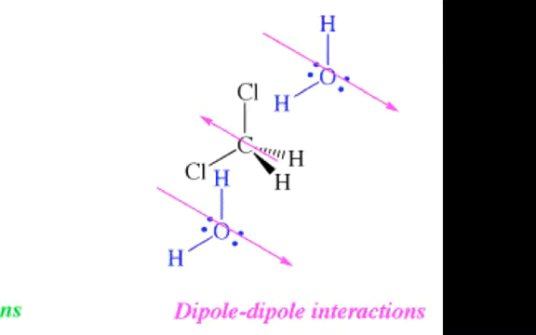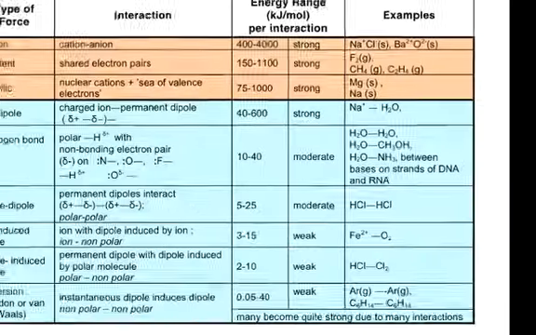So the tip of the arrow is a negative side of the molecule. The other end of the line is the positive side of the molecule. So you've got a hydrogen on the water being attracted to the chlorine on the CH2Cl2. That's not a hydrogen bond because it doesn't have FON on both sides of the hydrogen.